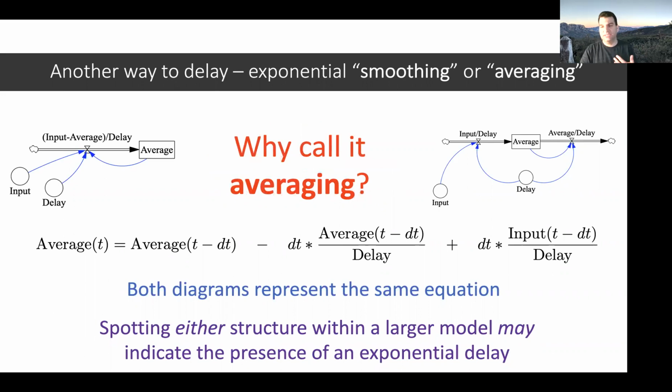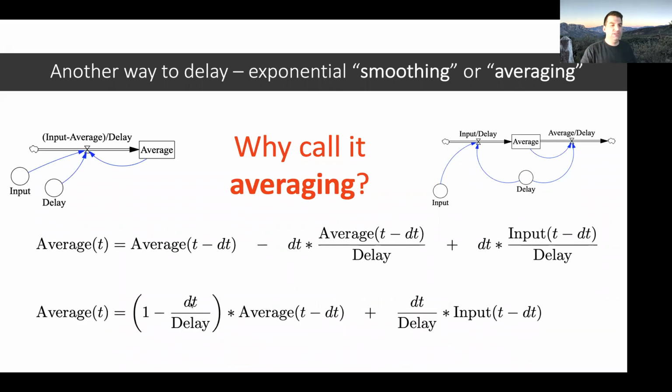And so that allows us to think about, well, why do you call this averaging? Well, if I look at this expression here, then I can do some rearrangement. That rearrangement just says that the average at the next time step is the average at the previous time step times (1 minus dt over delay) plus dt over delay times the input.